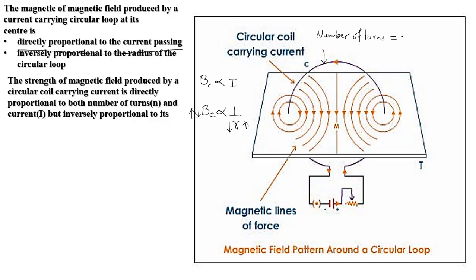The magnetic field at the center also depends on the number of turns present in a coil. So all over, the magnetic field is directly proportional to the number of turns and the current passing through the coil, and inversely proportional to the radius of the coil.